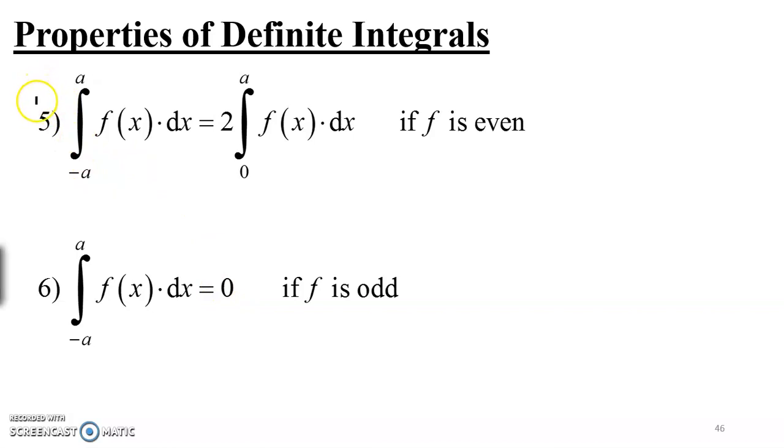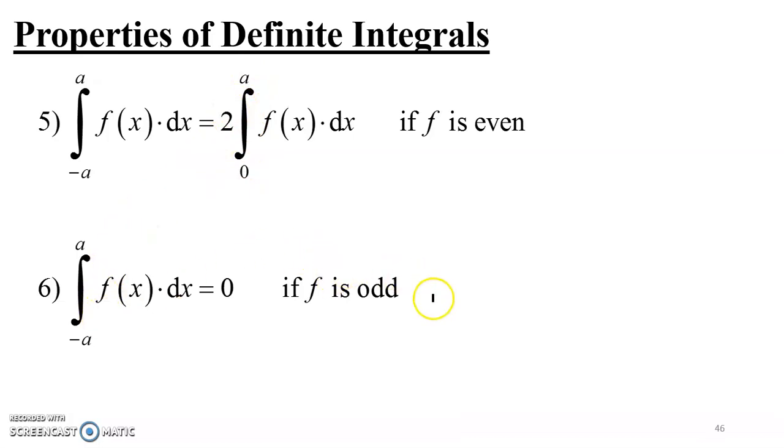Now in this fifth property, properties 5 and 6 work if the upper bound and the lower bound are opposites. If we're integrating a function between negative a and a, where of course f would be continuous over this interval, and if f is an even function, then the integral of f(x) between negative a and a would be 2 times the integral of f(x) between 0 and a.